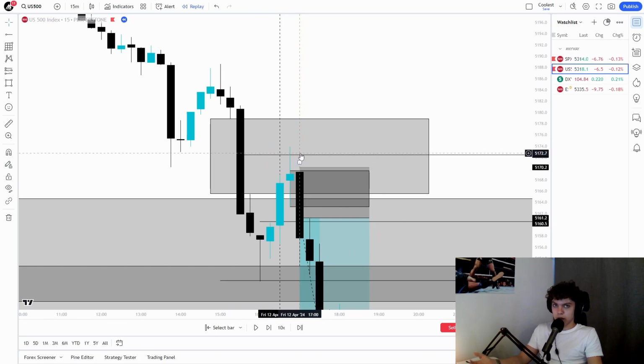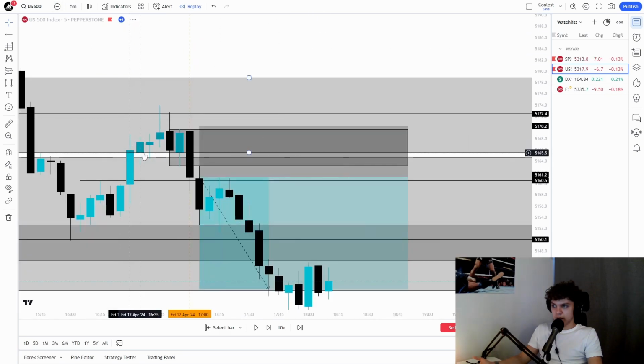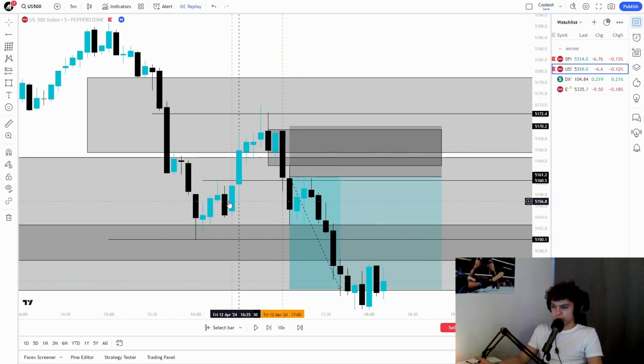And I see, okay, we got a reaction from that. And as you can see, on the 5 minute, I told you we could wait for it to come to this order block. And it did, but after the break of structure to the downside. And that's why I shorted, because we saw a reaction from this fair value gap.